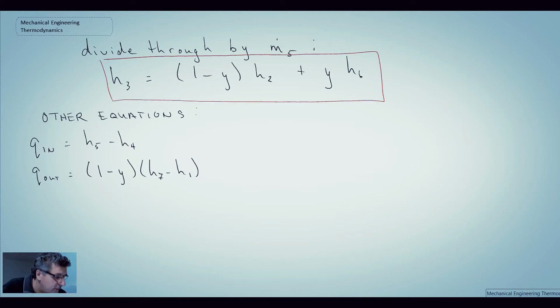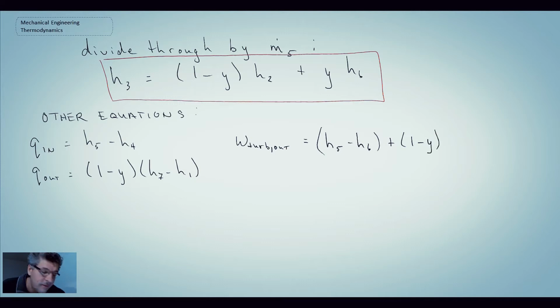Now for the turbine, we can write work turbine out. We get the full amount of work for the first part of the expansion, but then we strip some of the fluid away so we don't have 100% of the mass flow going through the rest of the turbine, and consequently we need to adjust for that. And that's what we're doing in the second part of the equation here, H6 minus H7 times the reduced mass flow rate going through the turbine.